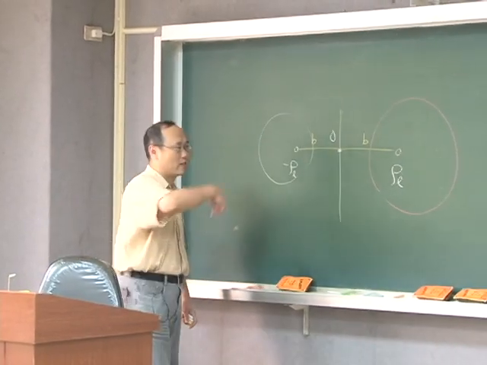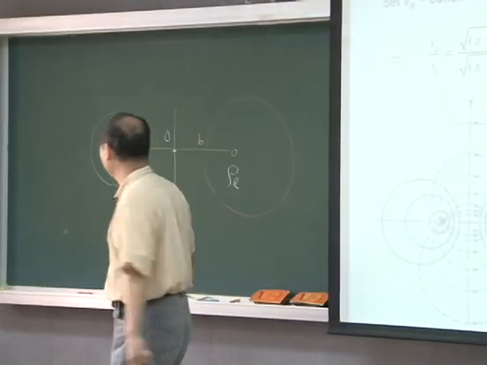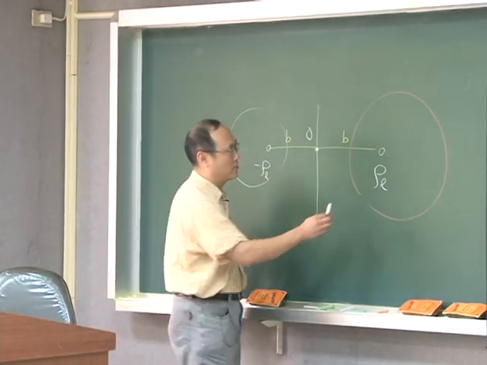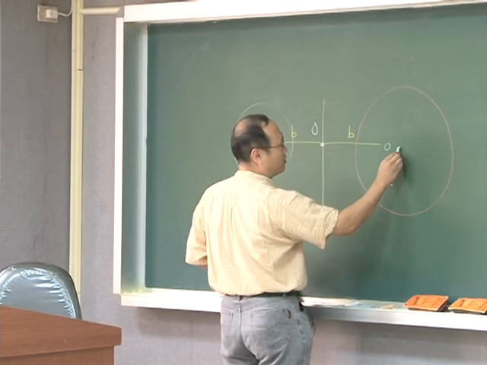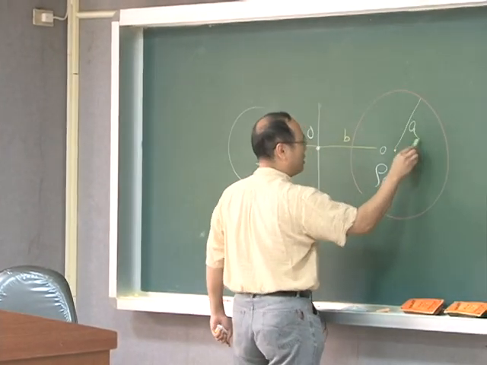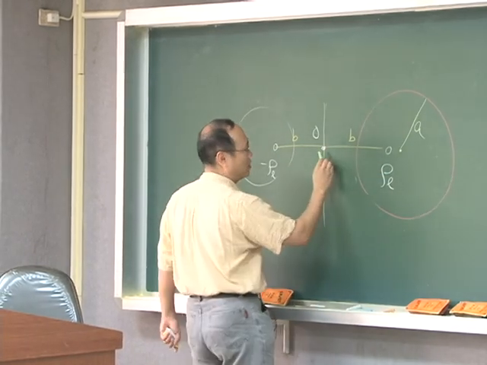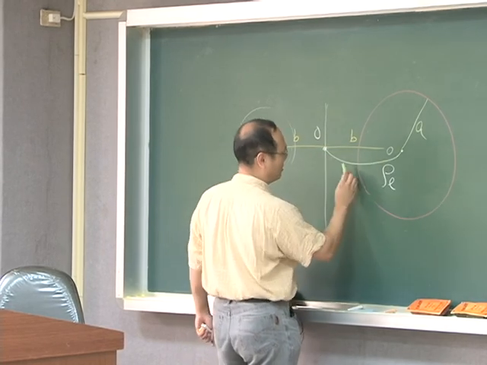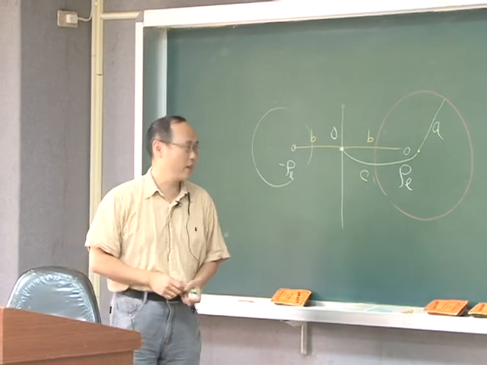And in fact, there's a family of curves like this, okay? For every equipotential surface, there's a center associated with it, and there's a radius A. The distance from the center of this circle to the origin is called C, okay? And the radius is called A.